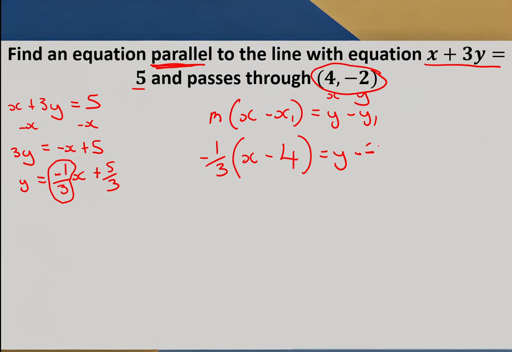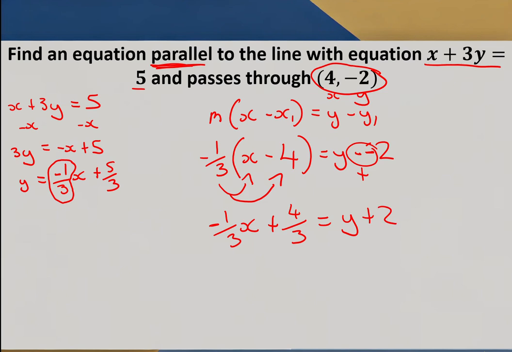So I'll be taking away negative 2 there. I can expand this now. Negative 1 over 3 times x and negative 1 over 3 times negative 4. That will give me negative 1 over 3 x. Negative and negative is a positive, so plus 4 over 3 is equal to y, negative and a negative is a plus, so it'll be plus 2.